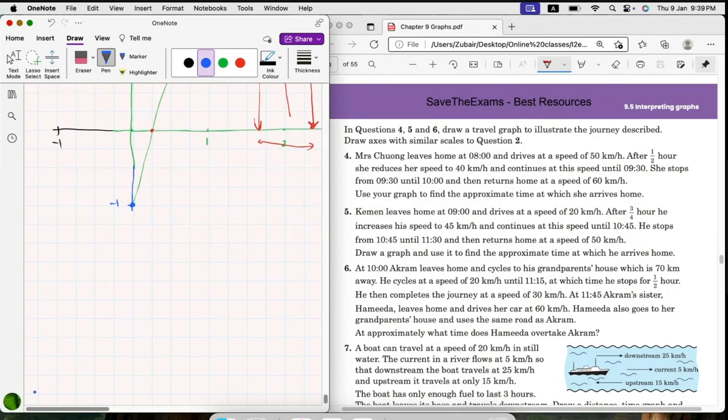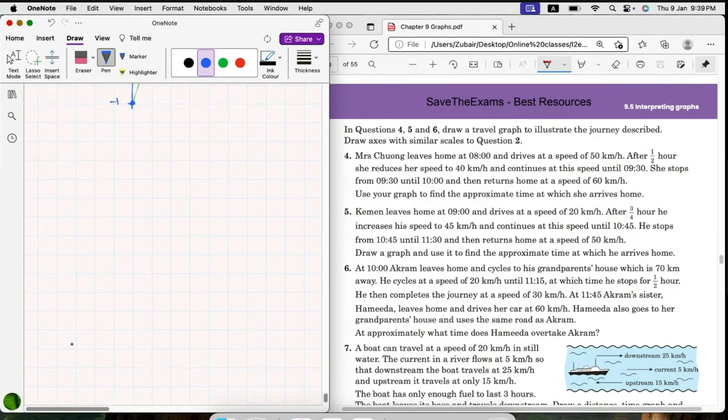And let's sketch this. Okay, it starts at 8. Let's say this is 8, and one, two, three, four boxes. This is 9, another 4, 10, another 4, 11. We'll just keep on adding them as required.